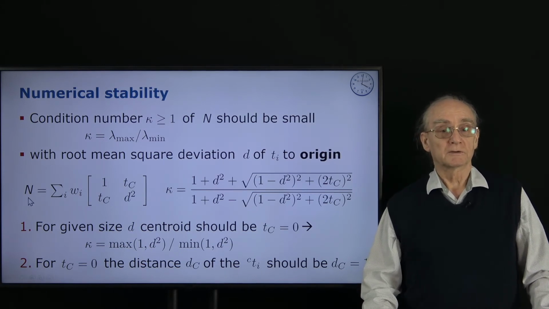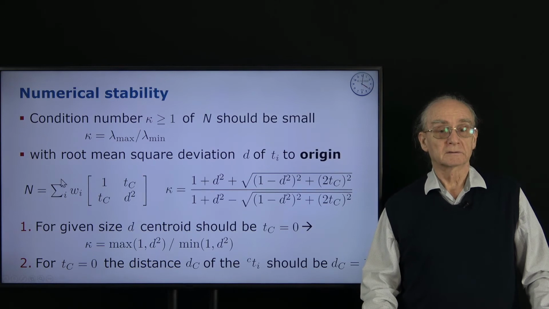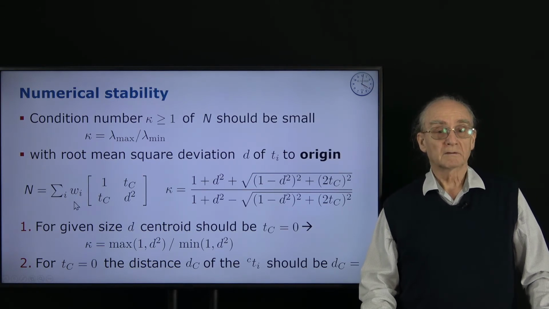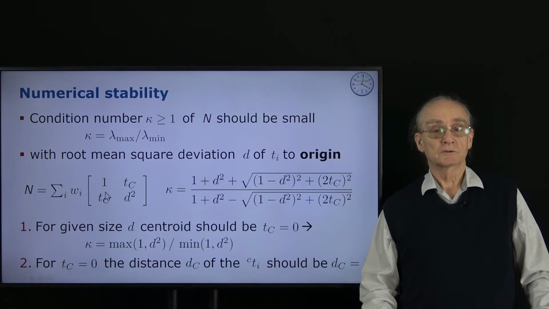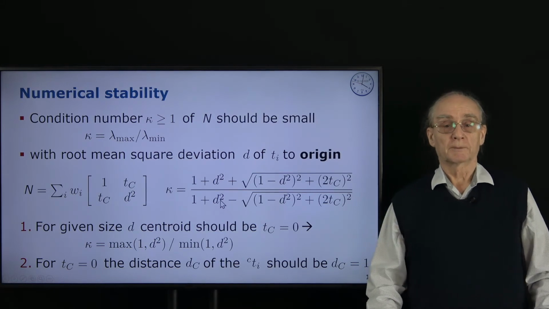The normal equation in this case is nothing else than the sum of the weights multiplied with the following simple matrix. So you have here the 1, here we have the center of the t's, and here we have the average squared distance from the origin. Now, if you calculate the eigenvalues from this 2 by 2 matrix and calculate this condition number, you will come up with this expression.